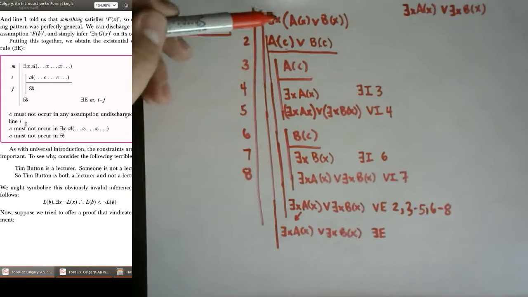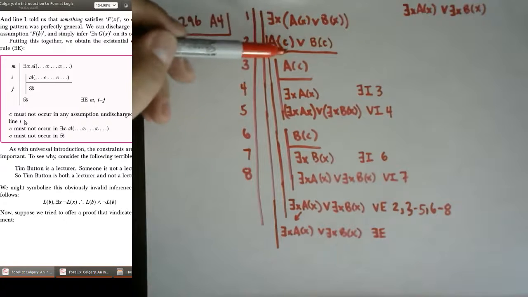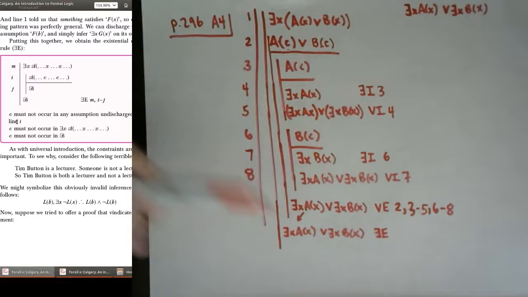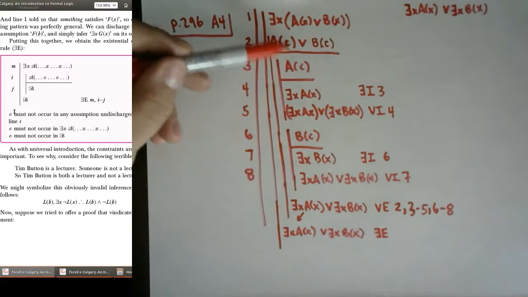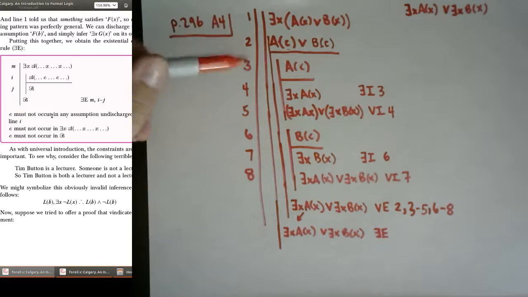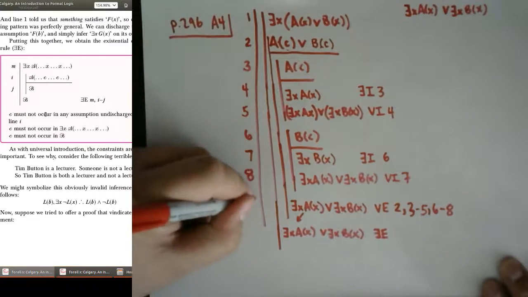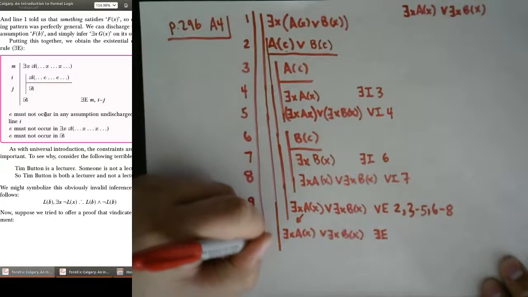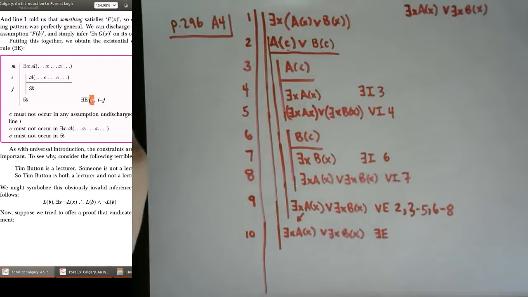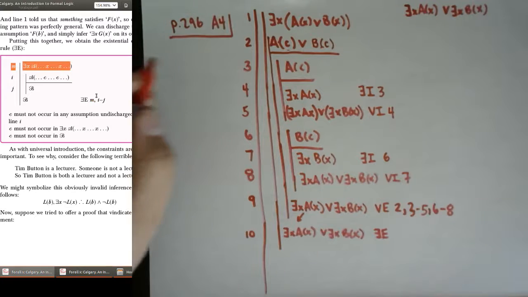This constant doesn't appear up here. And the constant c didn't appear in the final formula we ended up with. And we never used any other constant, so there's no problem with an assumption undischarged before this line. So if you look at the way it's cited, you cite the existential statement, then the subproof.